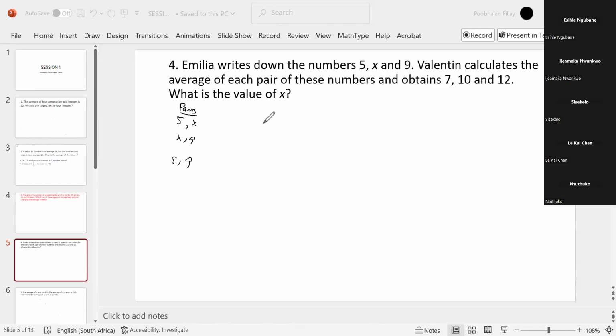And the average for each one is, we don't know which is which, but we know that the averages are (5 plus x) over 2, (x plus 9) over 2, and (5 plus 9) over 2, which is 7. So these are the averages.